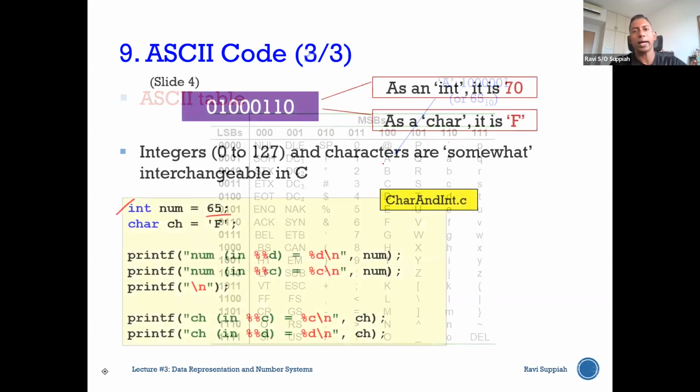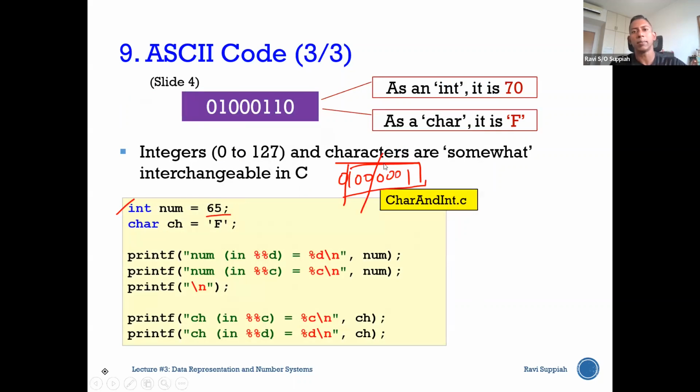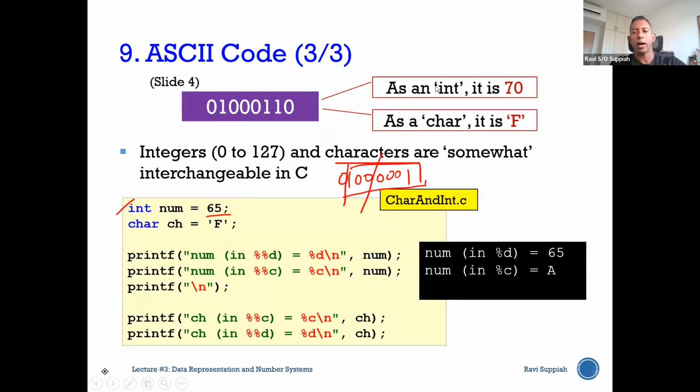When I use my program and say I want to interpret this 8-bit binary value as a decimal, by specifying the format specifier %d, I print out the actual value 65.